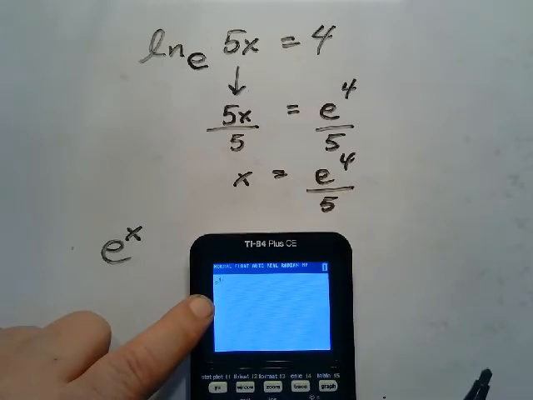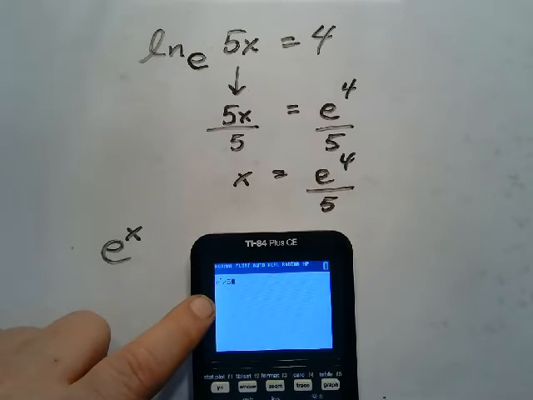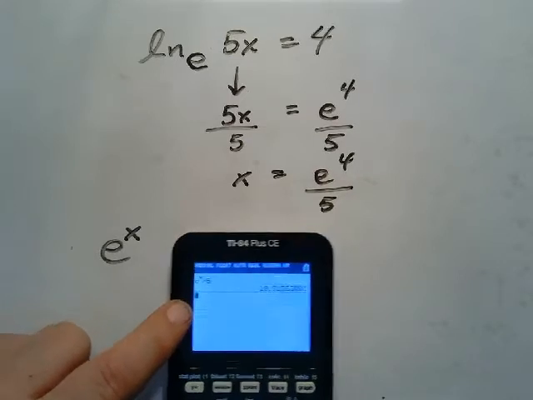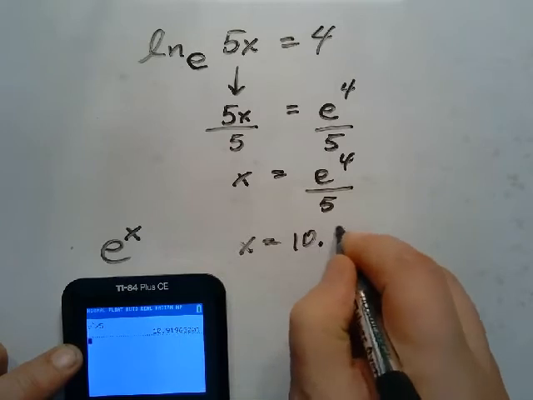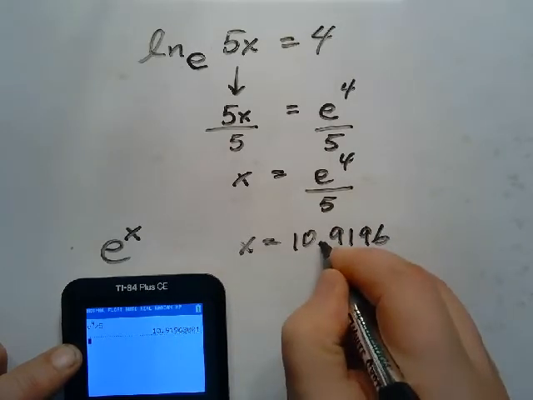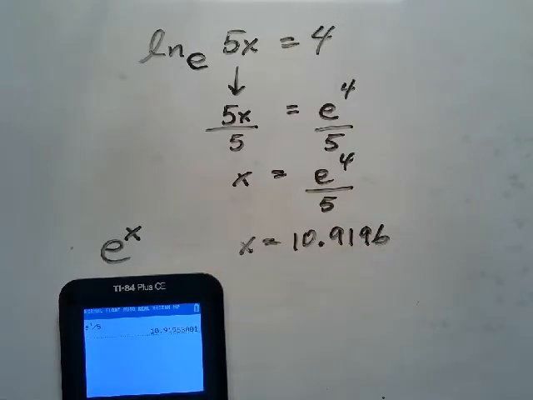Now to get out from there, I'm going to have to arrow out of there and then divide by 5. Don't really need to put that in parentheses because of the order of operations. And I end up with 10.9196. So x is equal to 10.9196. Okay?